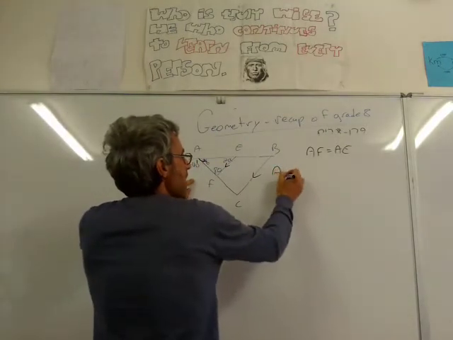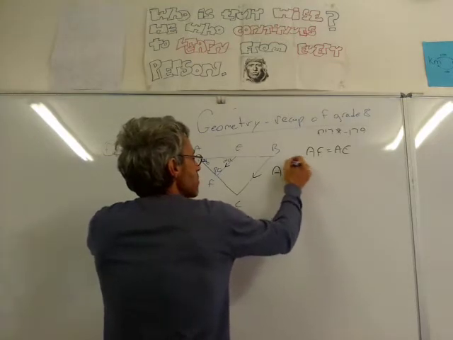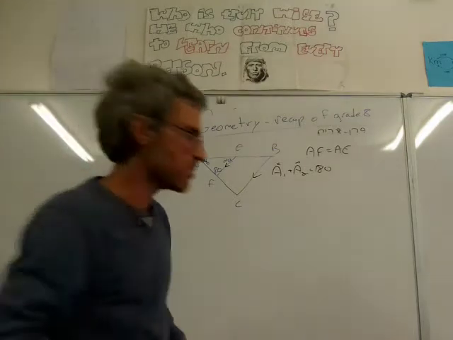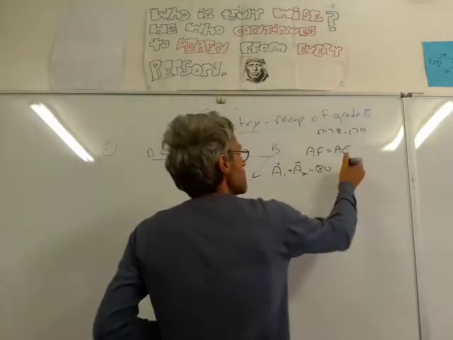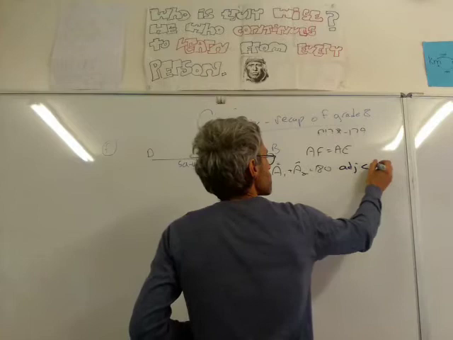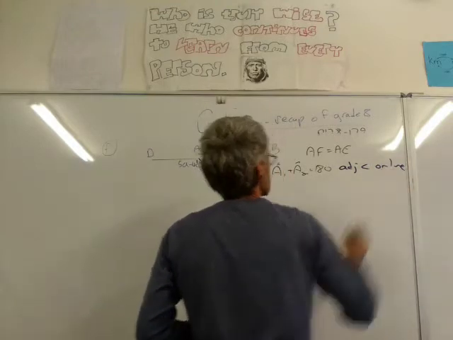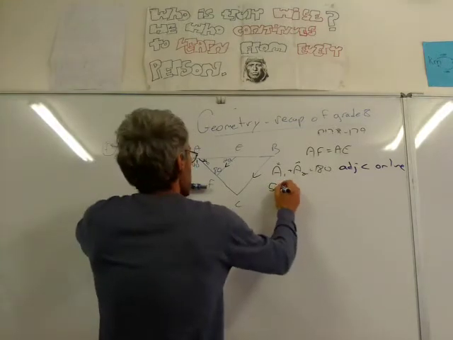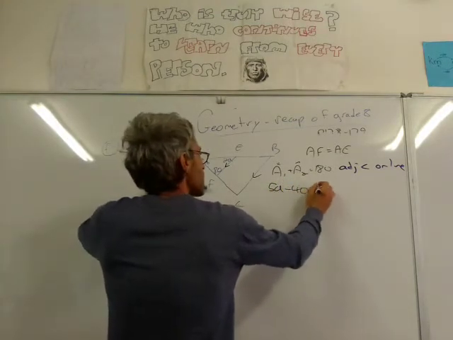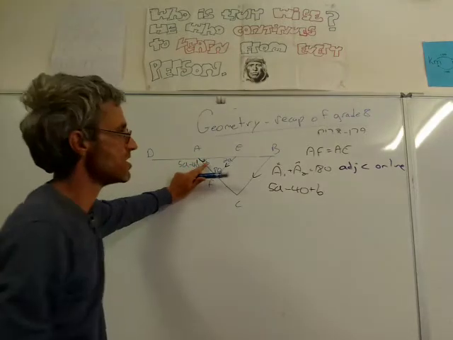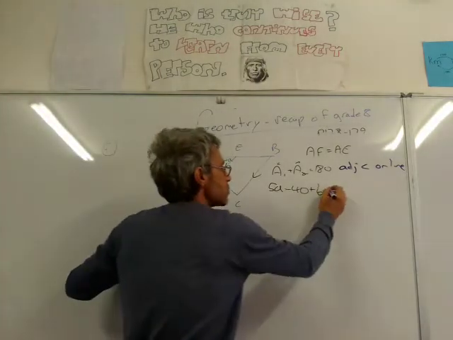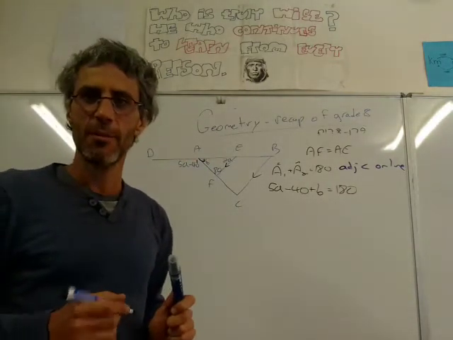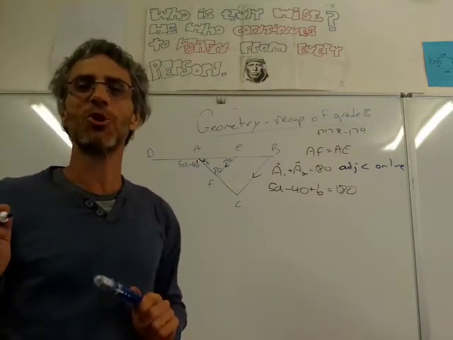I know that A1 plus A2 must be equal to 180. Why? Because these are adjacent angles on a line. So I can say 5A minus 40 plus B is equal to 180.